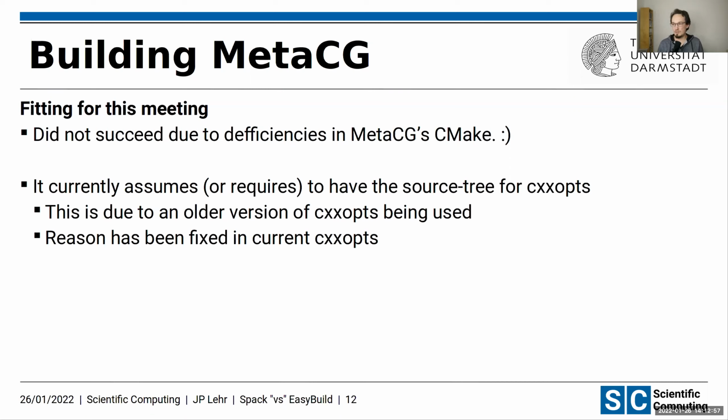That's not the default, so to speak, that is installed by Spec. And so I wasn't able to just go ahead and compile MetaCG with all the stuff that I just recently installed. But that's not Spec's fault. That's our fault, so to speak. And so I need to revisit that at some point.